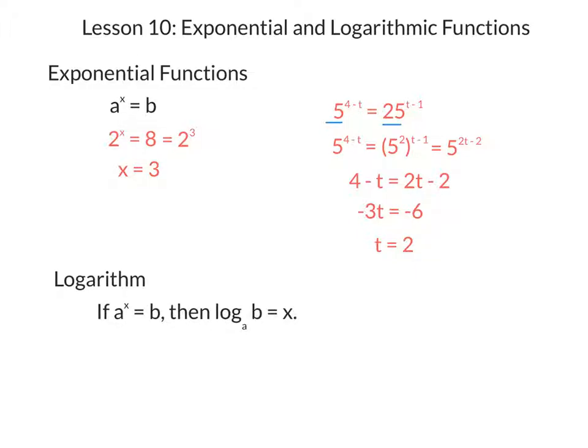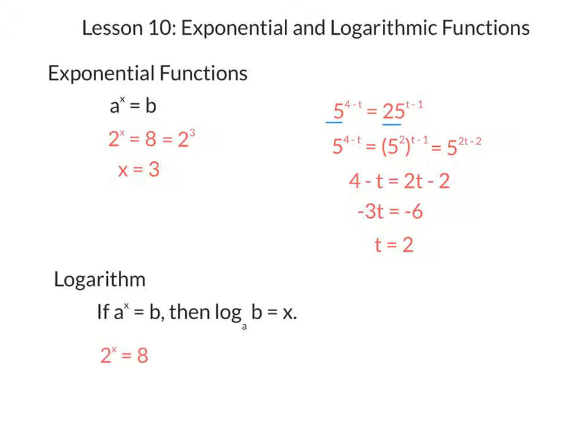A logarithm is basically defined as, if you've got an exponential function a to the x equals b, then that is equivalent to the log to the base a of b is equal to x. So as you can see here, when your variable is the exponent, you can solve for it by using this new function referred to as a logarithm.